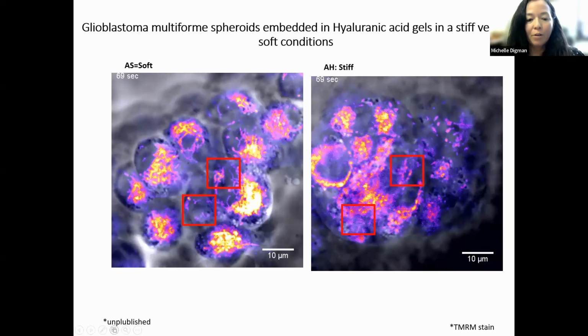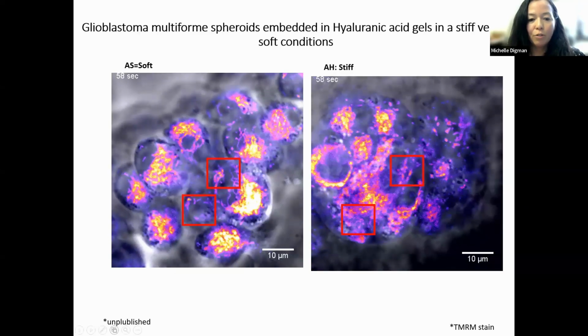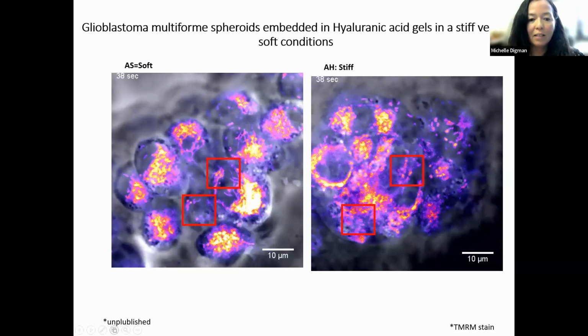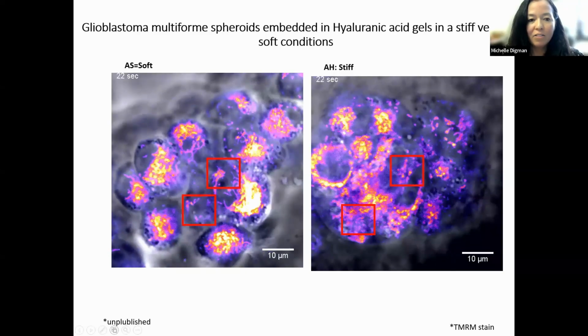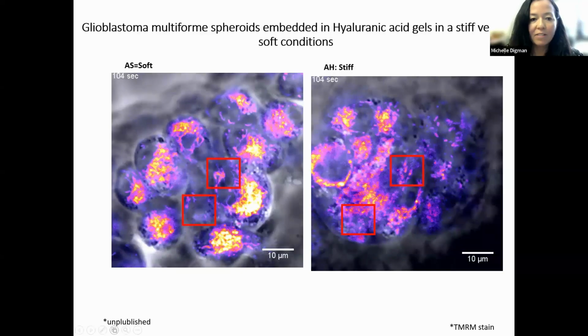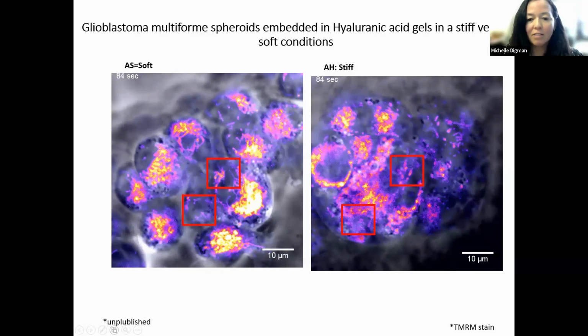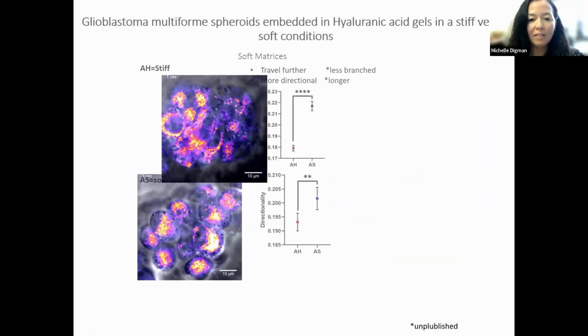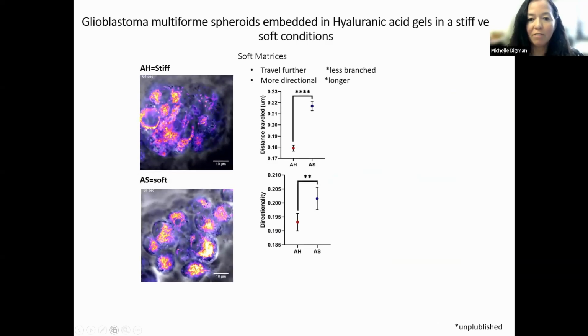So here's an image, just wanted to show you what the tracking in spheroids looks like. These are glioblastoma multiforme spheroids embedded in hyaluronic acid in soft conditions and in stiff conditions. The differences here in terms of their phenotype and motion is that mitochondria can travel much faster in the soft material versus the stiff material.